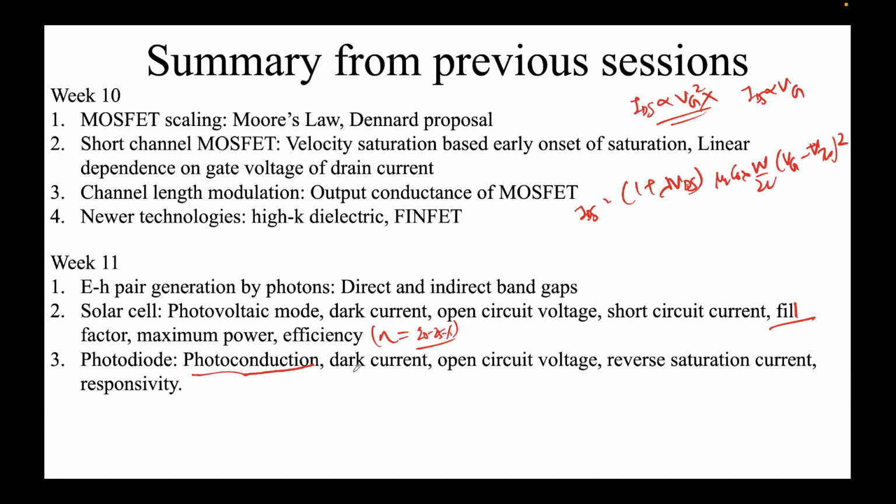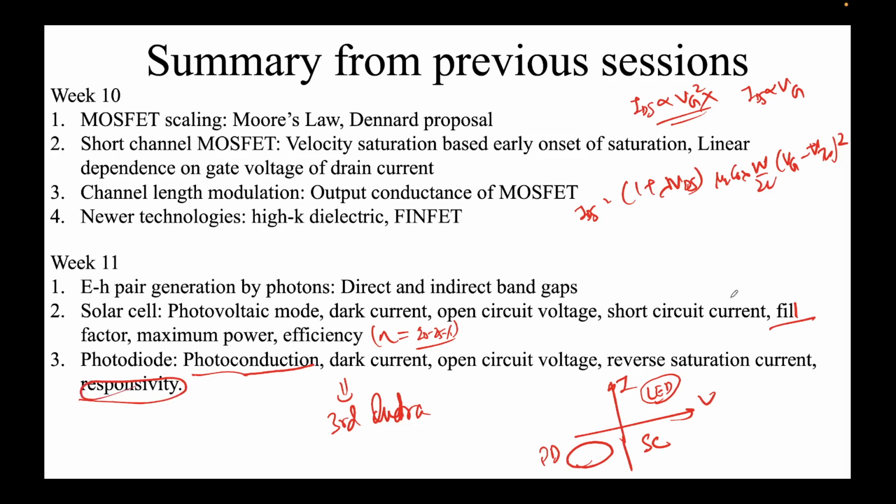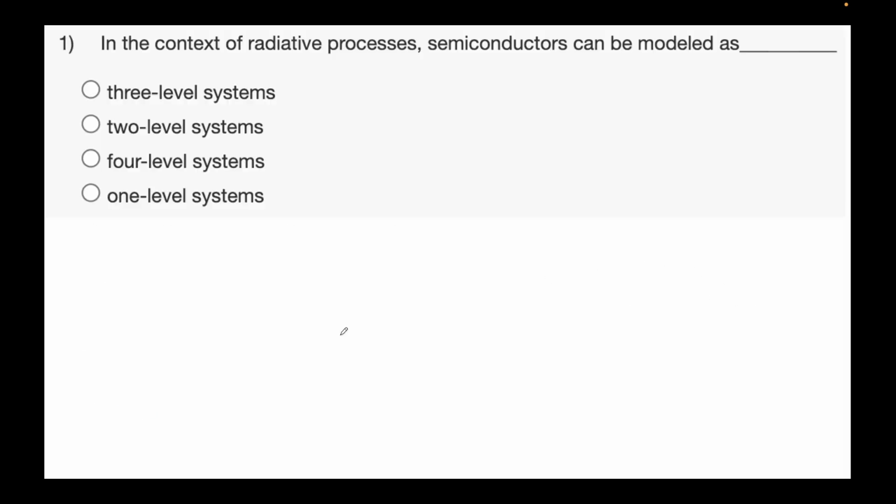Again, the similar principle, only this operates in the third quadrant if you draw the IV characteristics. So if you are operating in photoconduction, your photodiodes operate here, the solar cell operates here, and today we'll see the LED operates here. And the key term again here was responsivity. Just like here it was fill factor, here it is responsivity, which is dependent on the efficiency. So that is all from the previous session.